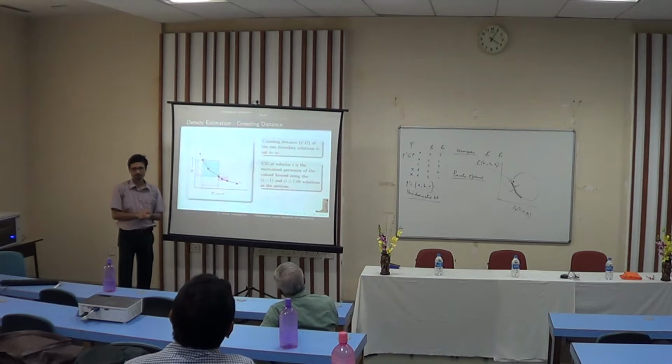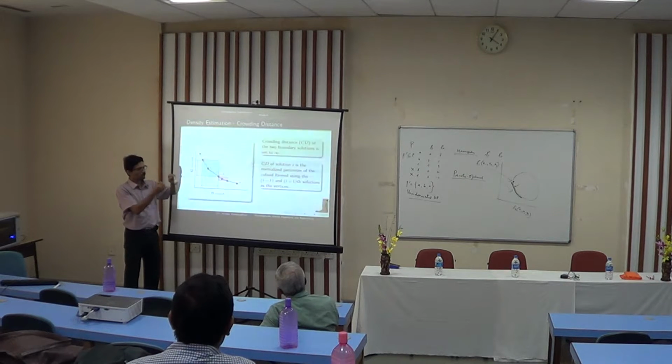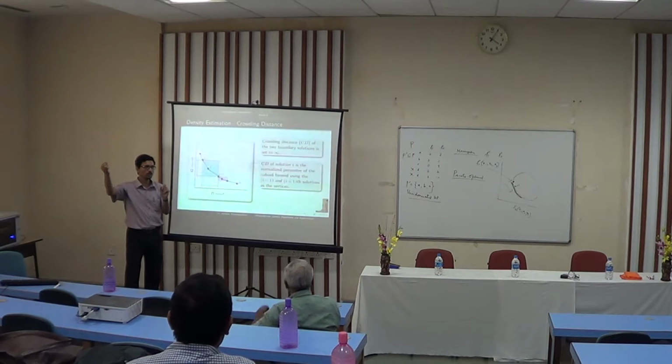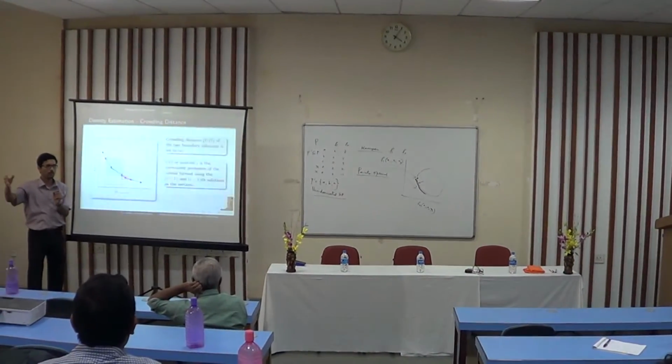One question here: when choosing random solutions, if one of these solutions is a boundary solution, then its distance is set to infinity, and that will always be selected. Suppose both are infinity.